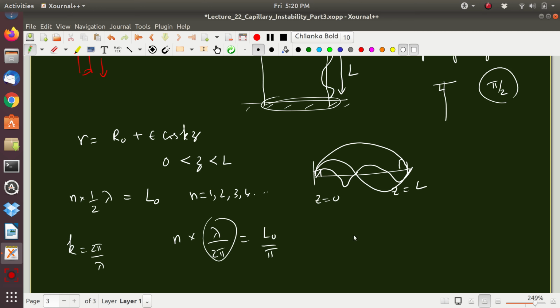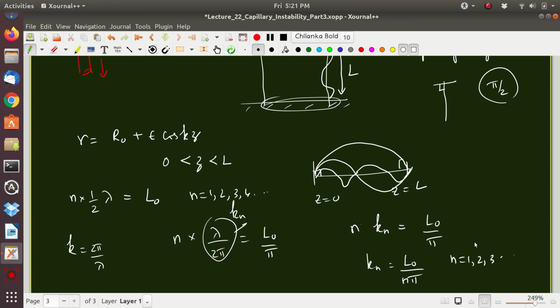So if we think of this as Kn, then n times Kn is L0 by pi, or Kn is L0 by n pi, with n equal to 1, 2, 3 and so on.